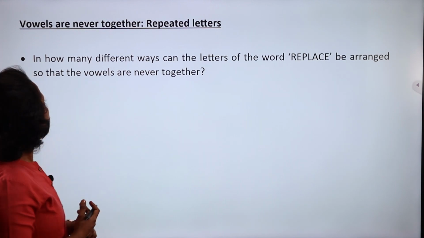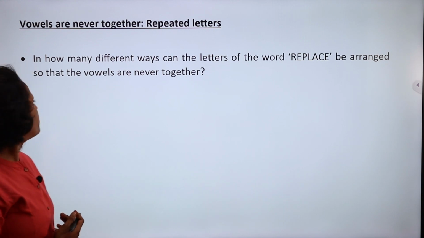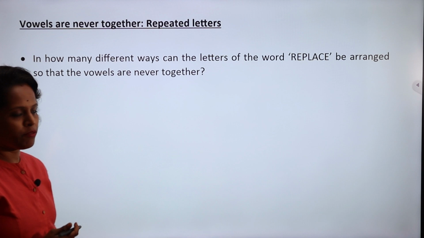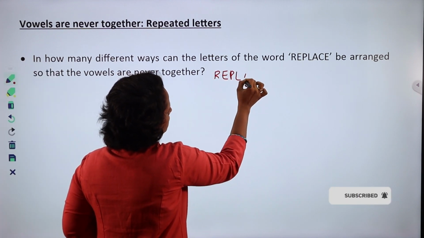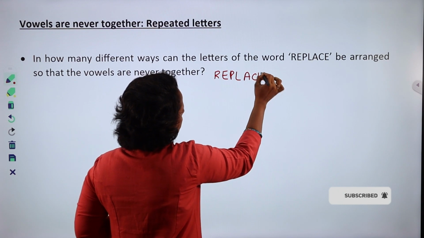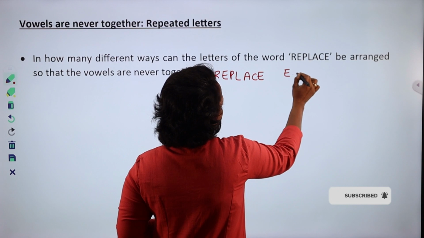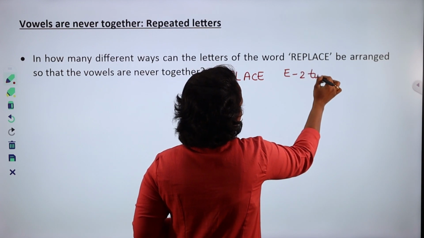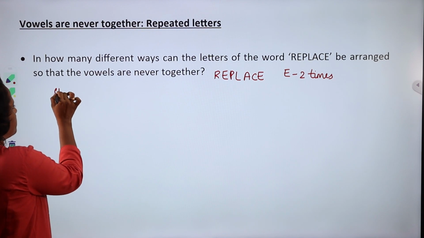The next question: in how many different ways can the letters of the word replace be arranged so that the vowels are never together? Our word is replace. Here the letter E is repeated 2 times. The step 1.